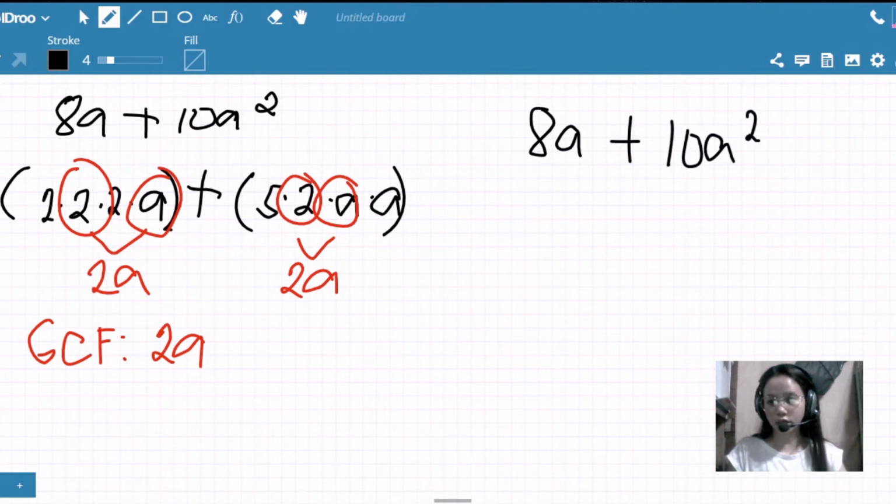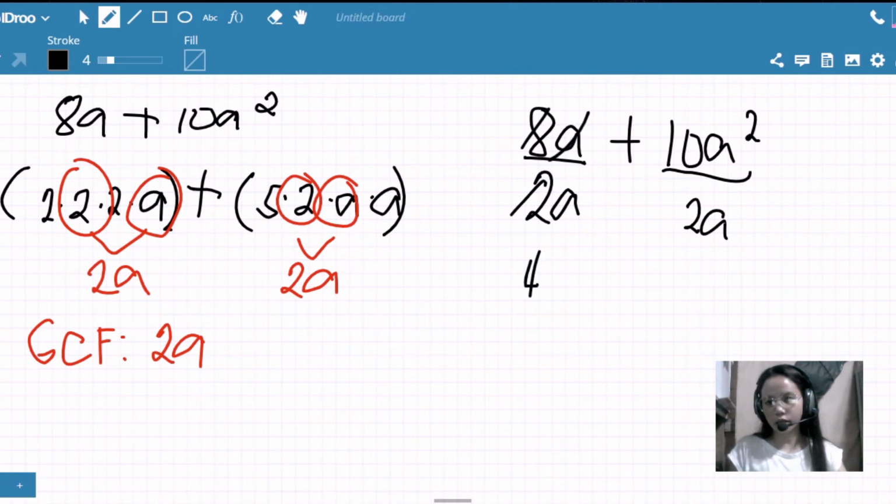Okay, now for our next step, what we need to do is to divide the whole expression by the GCF, which is 2a. So dividing the whole expression also means dividing each term by the GCF. Okay, so divide both by 2a. So 8a divided by 2a: 8 divided by 2 will be 4. a divided by a is simply 1.